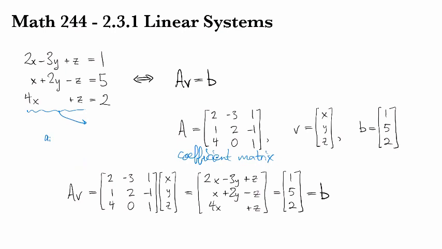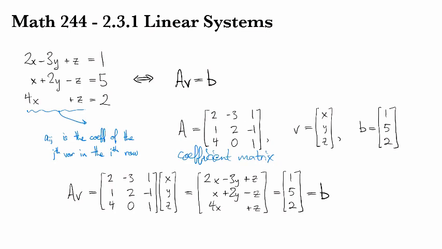And so in this A_ij, the ijth entry of A, is the coefficient of the jth variable in the ith row. You can see just by staring at it how it matches up. We have 2 goes to 2, -3 is -3, 1 is 1, 1 becomes 1, 2 goes here, -1 goes here, and so forth, right?